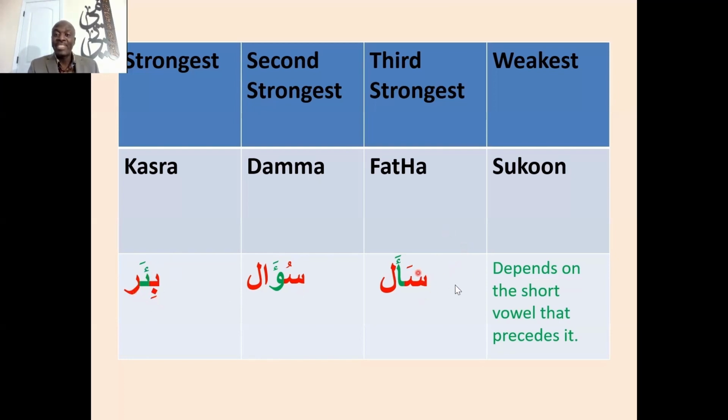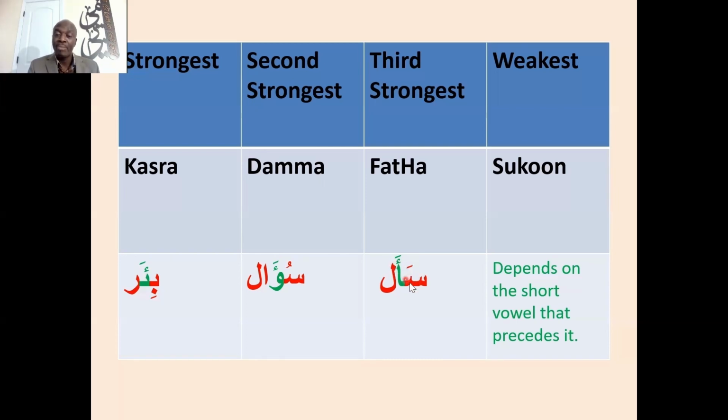Okay, let's see sa'ala. Sa'ala is to ask, and we take a look at the Hamza here and the letter that precedes the Hamza. The letter that precedes the Hamza here is the letter Sin, and the Sin has the Fatha, and the Hamza has the Fatha.